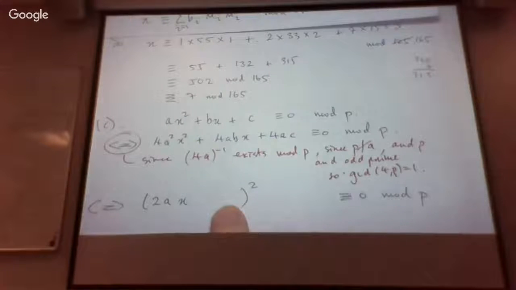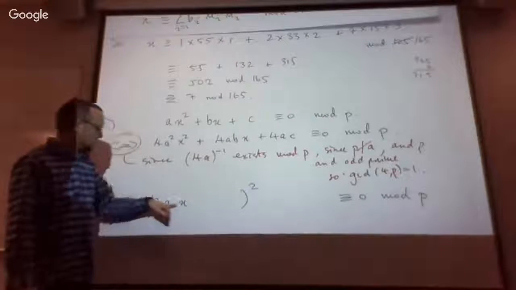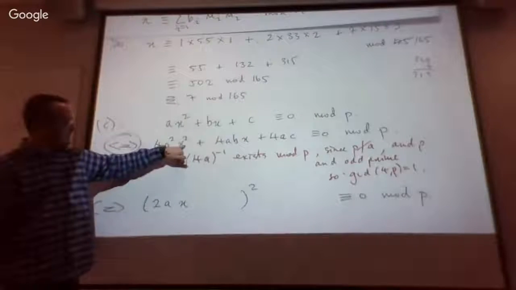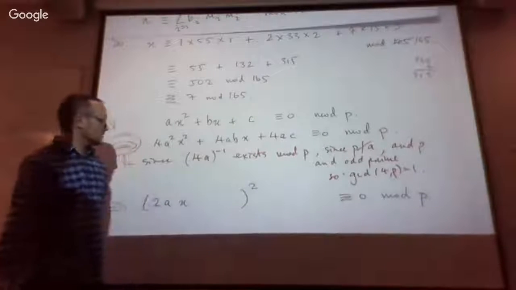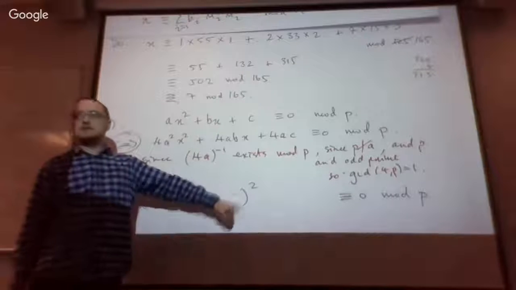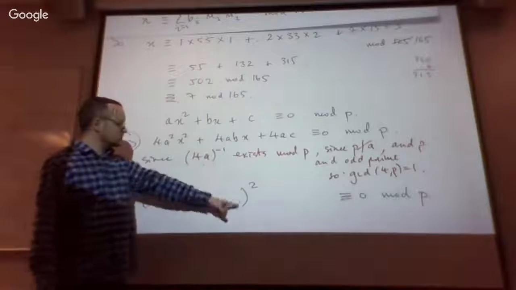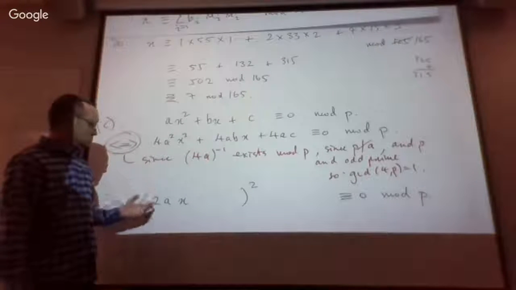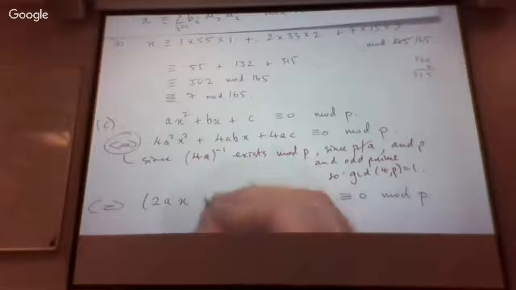So what goes here has to be the correct thing to generate 4abx. When you square this, it will generate 4a squared x squared. So you want to put something here so that it'll generate the x term. You've already got 2ax, so you just need a b there, so that when you square this bracket, you get 2 times 2ax times b, which would be 4 times ax times b, so 4abx. So this thing here is just b.